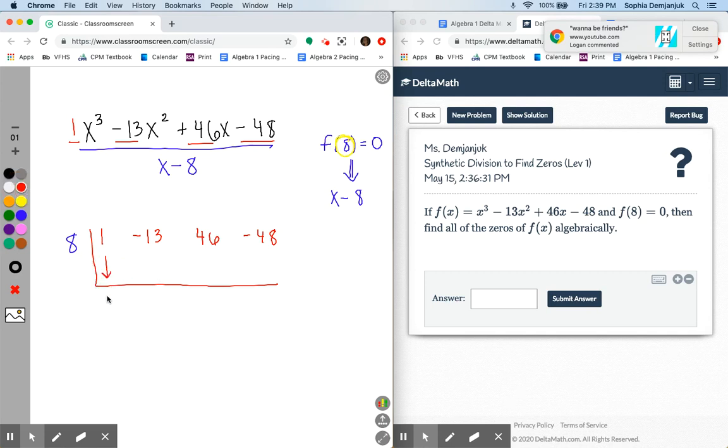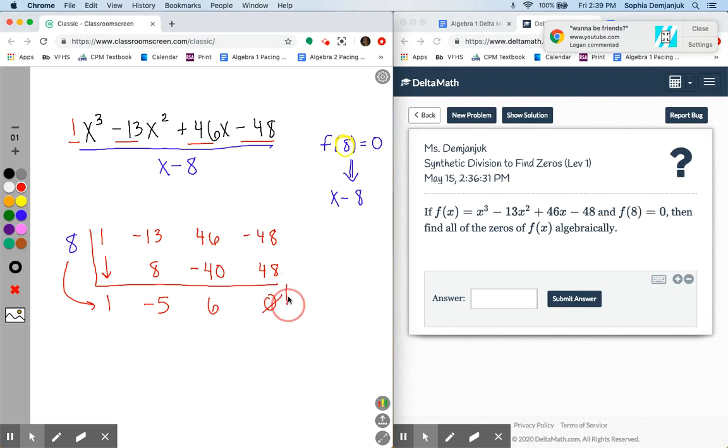I'll bring my 1 down. Whatever's in the bottom row gets multiplied by 8, so 8 times 1 gives me 8. Negative 13 plus 8 gives me negative 5. 8 times negative 5 gives me negative 40. 46 plus negative 40 gives me positive 6. And 8 times 6 gives me positive 48.